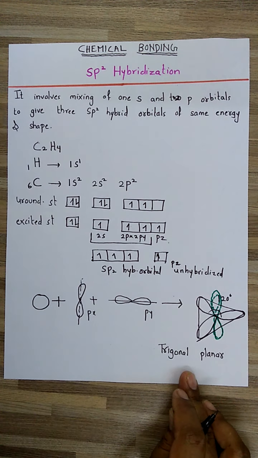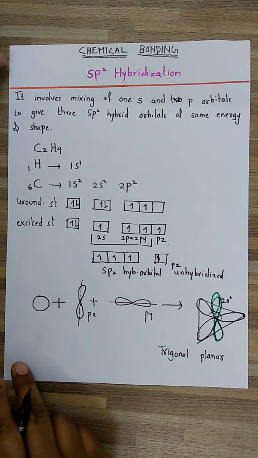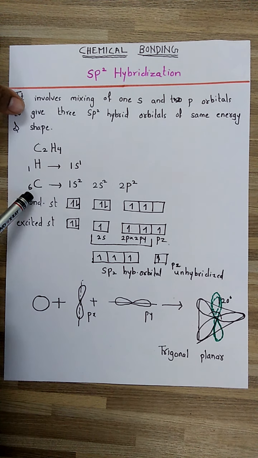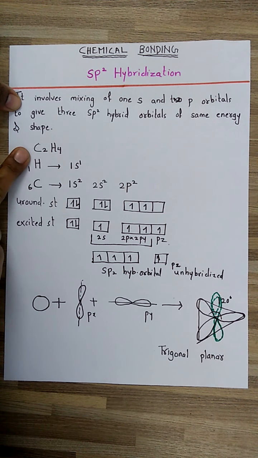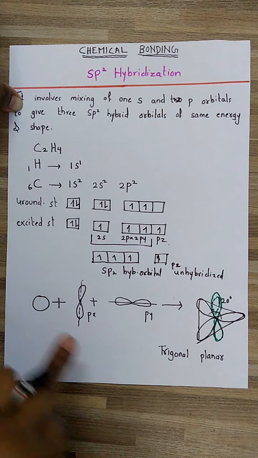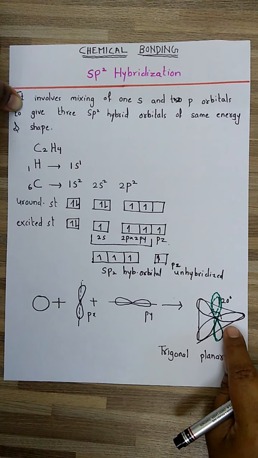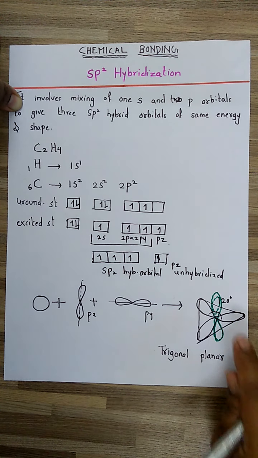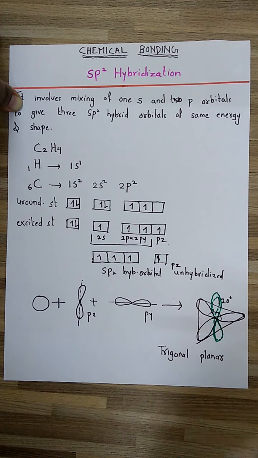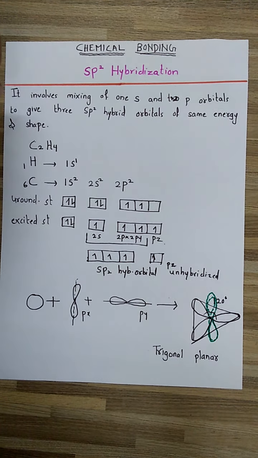Okay, so this type of mixing and recasting will take place for both the carbon atoms. We have two carbons in C2H4. Both these carbons will undergo sp2 hybridization and will have this type of hybrid orbitals. Now what will happen next? In the next step, the two carbon atoms with 3 sp2 hybrid orbitals will overlap with each other.